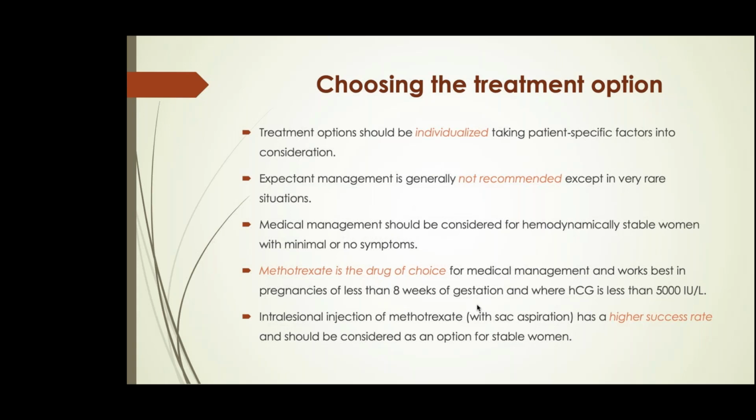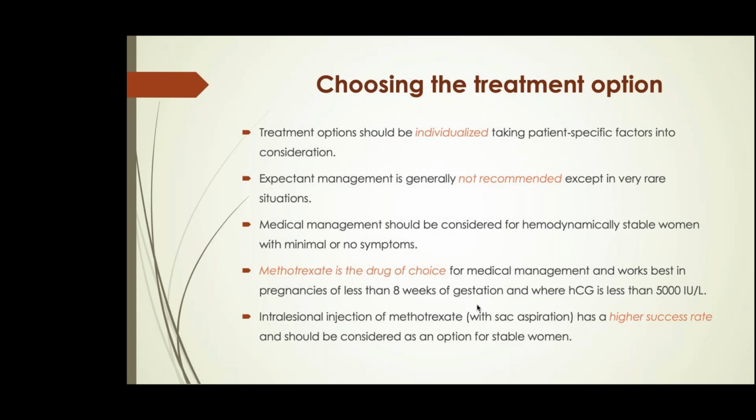Expectant management is generally not recommended except in very rare situations, as we said, a non-viable fetus with declining beta HCG, or a woman for whom this cesarean section scar is the last hope for getting pregnant. Medical management should be considered for hemodynamically stable women with minimal or no symptoms.